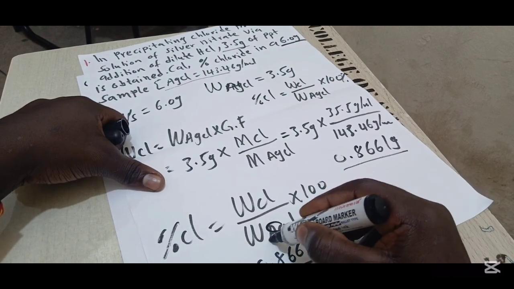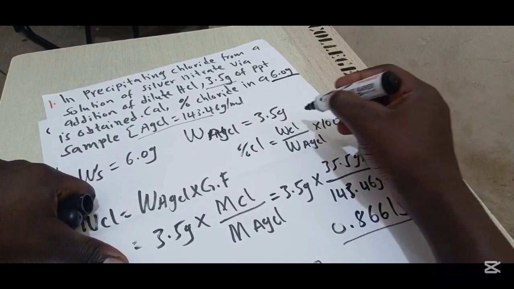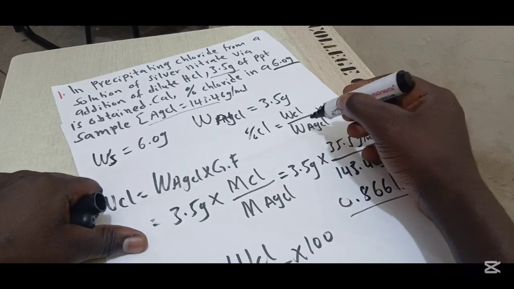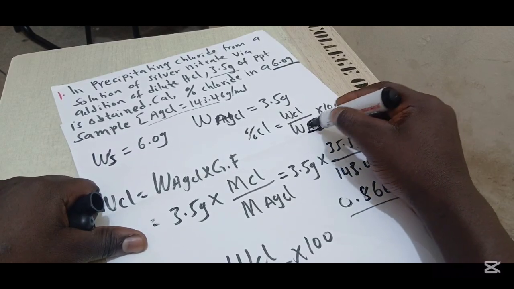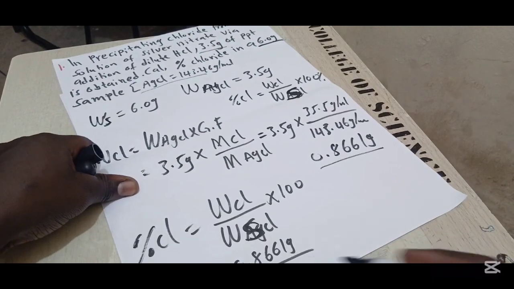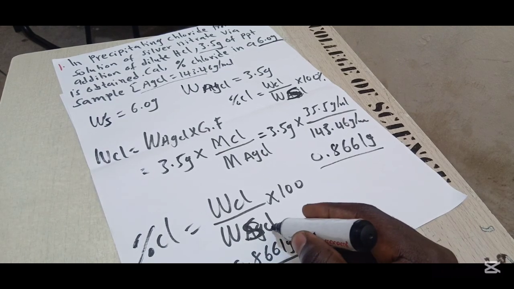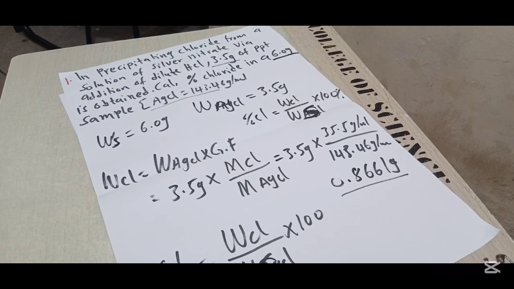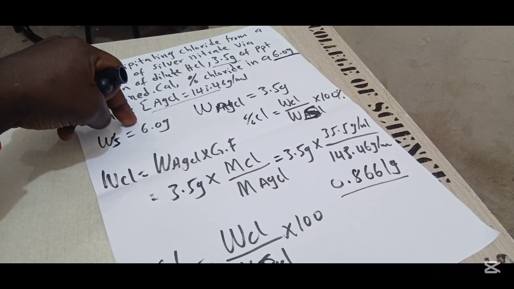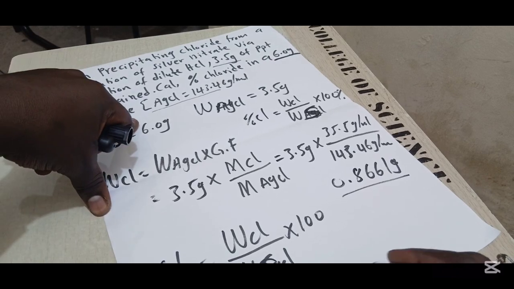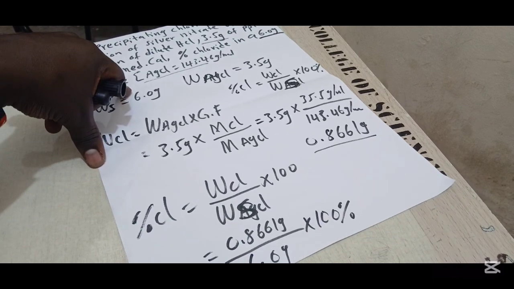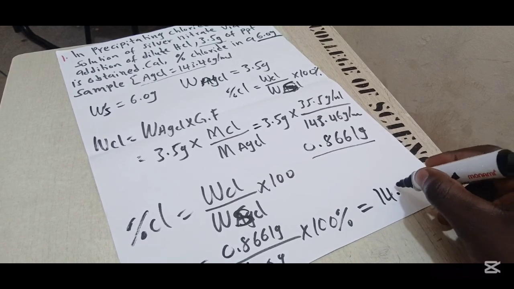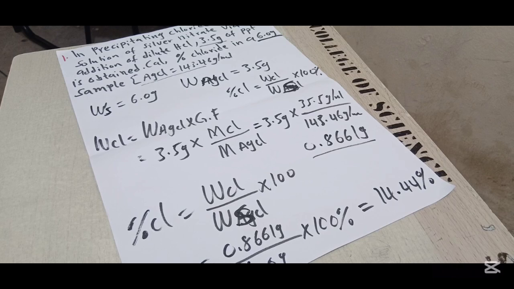It should be the mass of our sample in the solution, the mass of the sample that we've taken, which is WS here. So this is going to be the weight of our sample and not our precipitate. We use the mass of our precipitate in calculating the gravimetric factor. So let's correct that. The weight of our sample is 6.0 grams, then multiply by 100%, and this is going to give us 14.44%. So that is for this question.